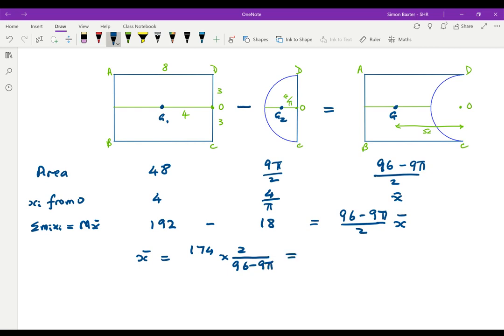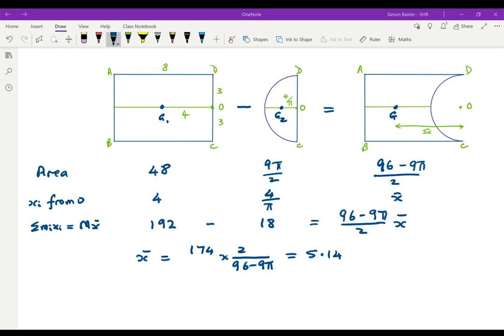That, to 3 significant figures, is 5.14. Well, do we think that looks sensible? Remember, we're measuring from O. The whole of the length is 8. Halfway, 5.14. Yes, I think 5.14. It's not stupid anyway. So we'll be happy with 5.14.